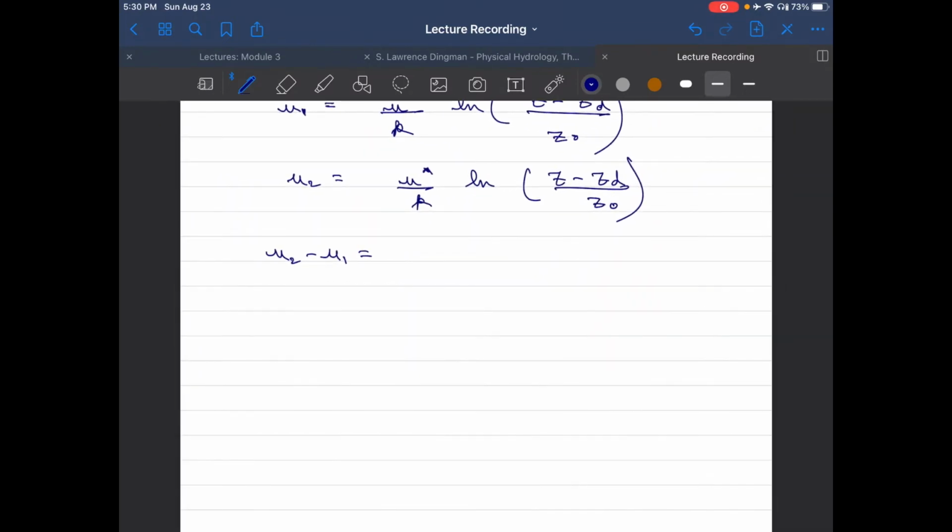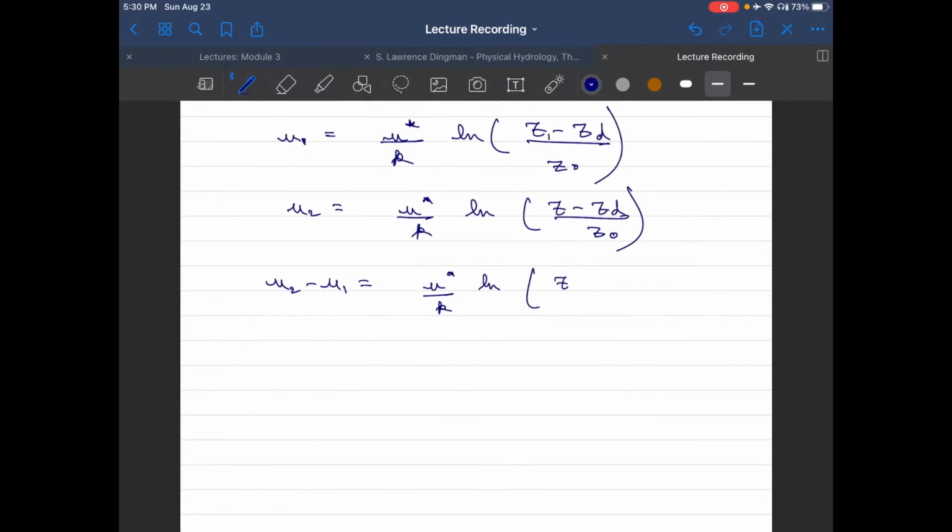So I can write this u2 minus u1 as u star upon k, ln of z2 minus zd upon z0 minus ln of z1 minus zd upon z0. Here we should have z1, here we should have z2.